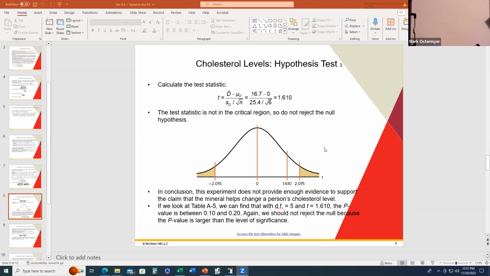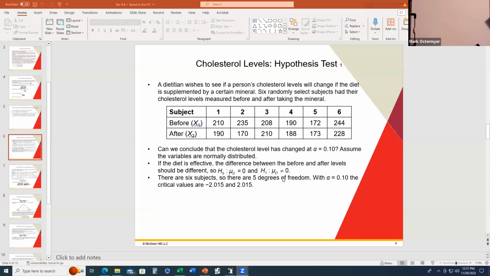And so, ladies and gentlemen, is the claim being supported by sample evidence? The answer is no. It does not appear that the mean difference between the two different situations is any different.